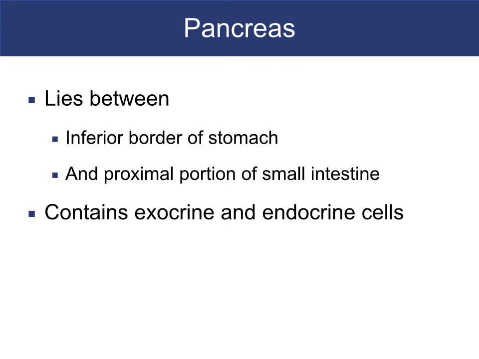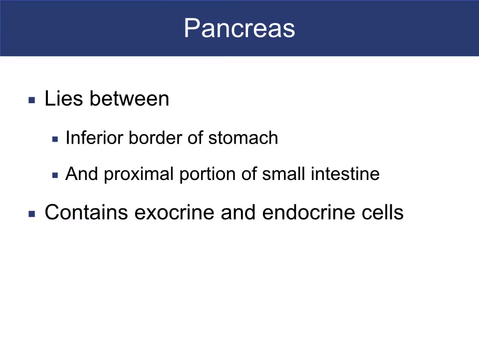Let's talk about the pancreas quickly. We will come back to the pancreas in great detail when we get to the digestive system, because most of what the pancreas does is help you digest your food. However, the pancreas contains both exocrine and endocrine cells. In fact, it contains 99% exocrine cells and 1% endocrine cells, okay?